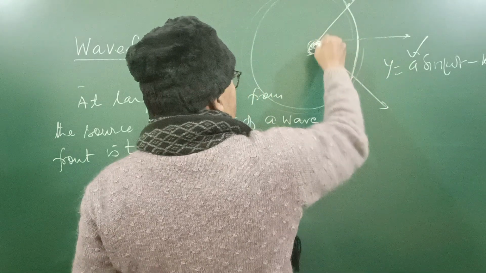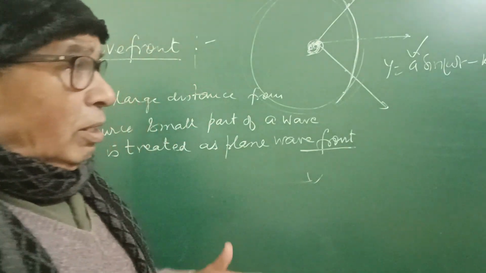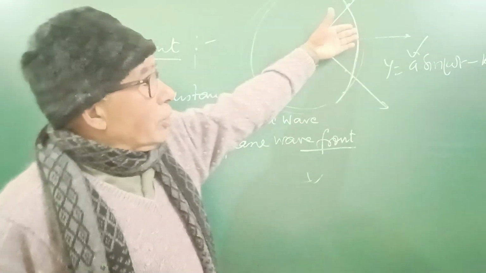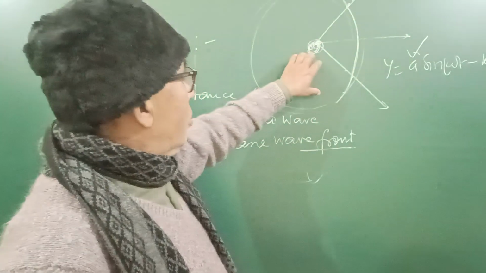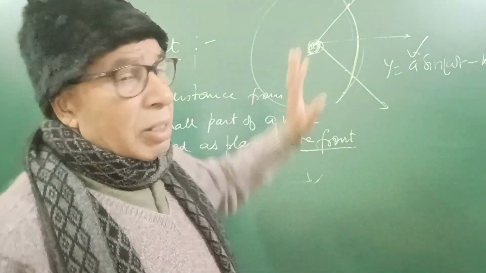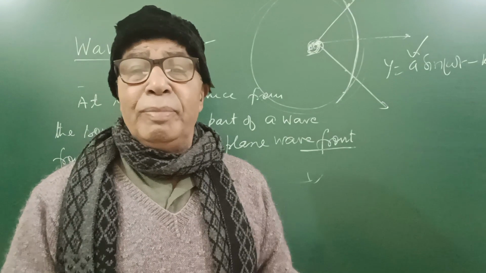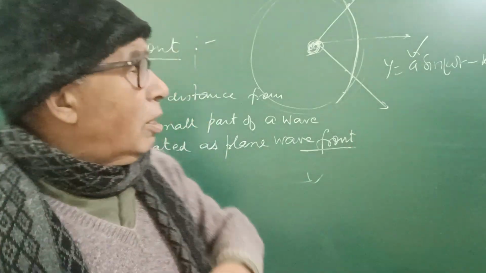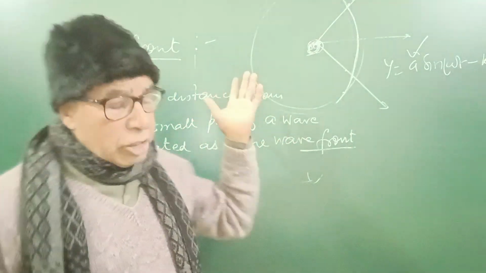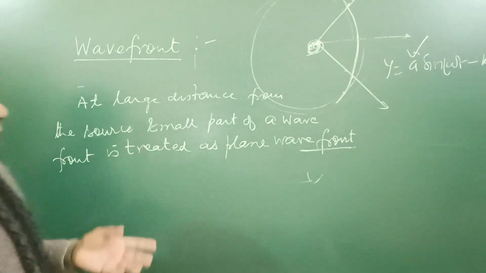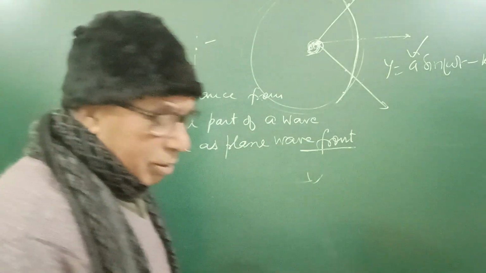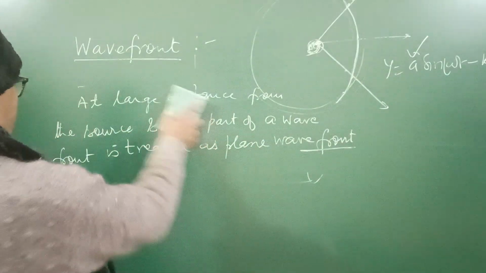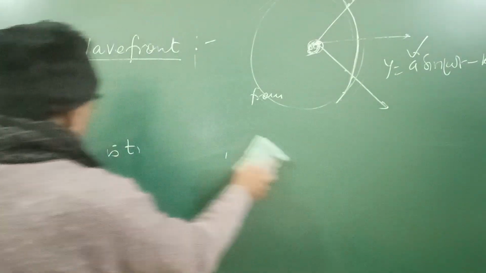The total energy produced here gets distributed over the whole wavefront. So if it is a source of milliwatt, light sources generally are of certain milliwatts, not kilowatts, not like the speakers used in music systems, which have large amplitude and large power.